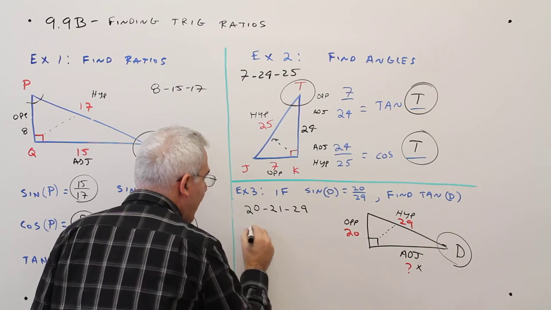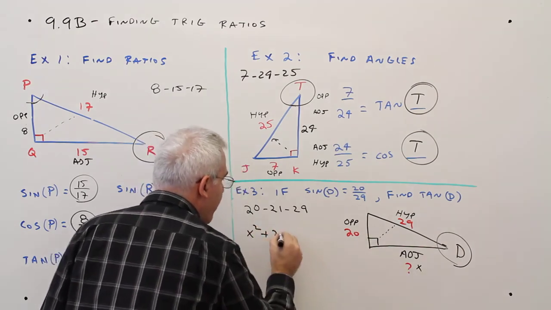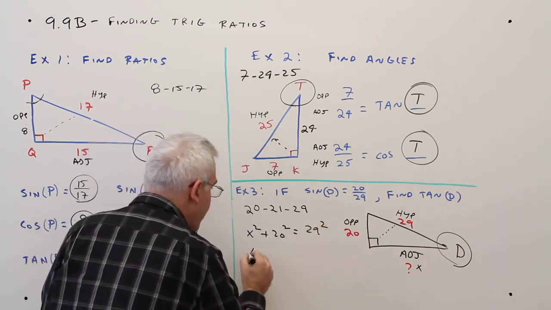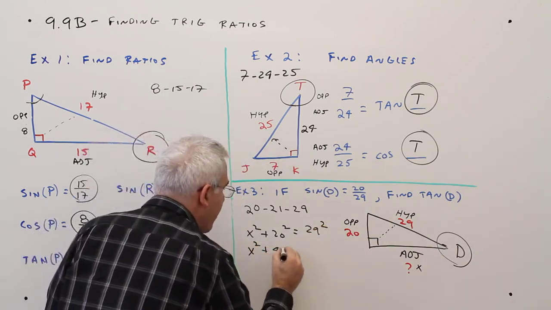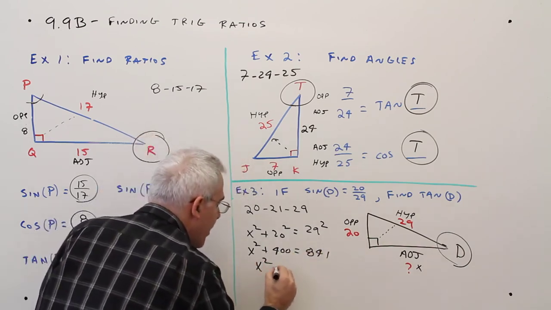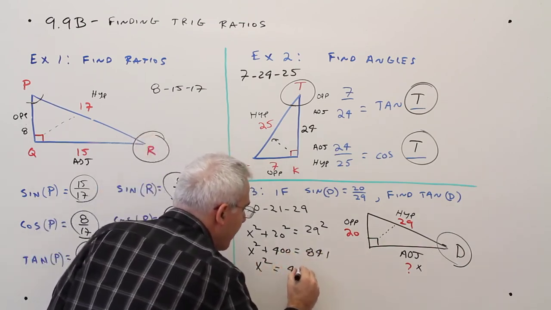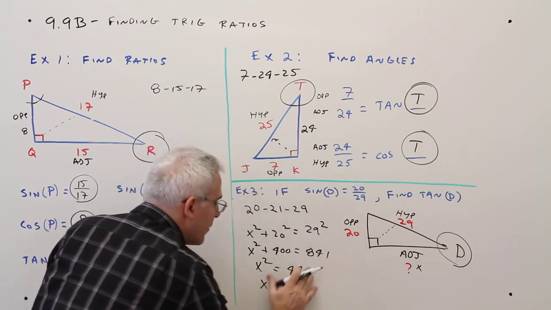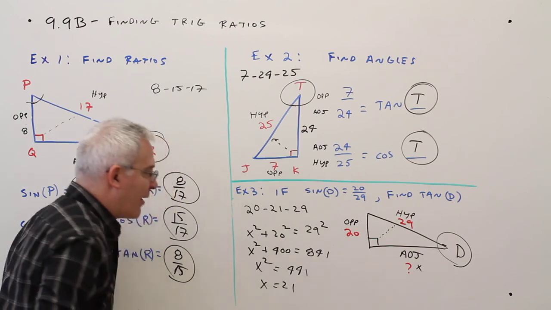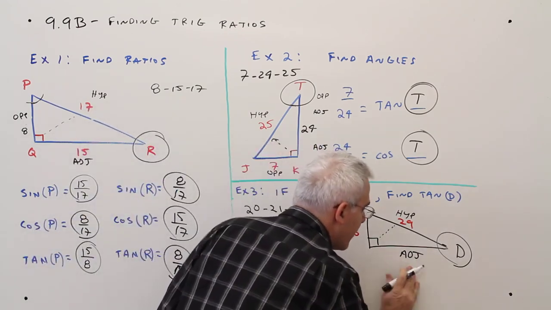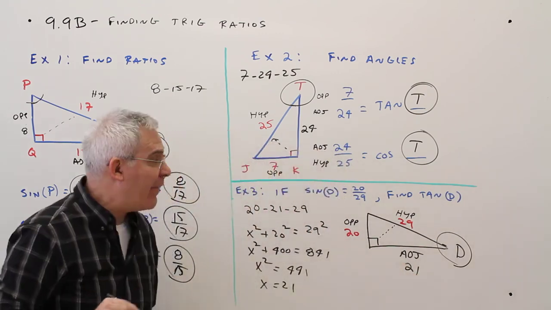So leg squared plus leg squared equals hypotenuse squared. x squared plus 400 equals 841. x squared equals 441. Take the square root, x equals 21. So in either case, we found that side.